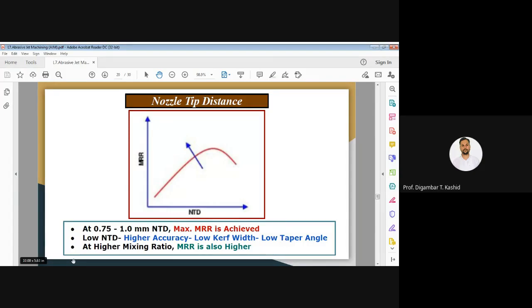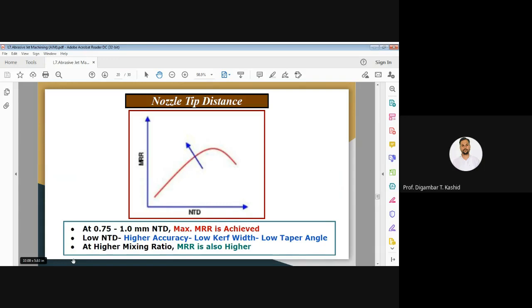Whatever the curvature or nature of the graph is, it is called a trend, which we have seen in the previous slides. So the same trend is seen in this slide also, the effect of this nozzle tip distance on the material removal rate.